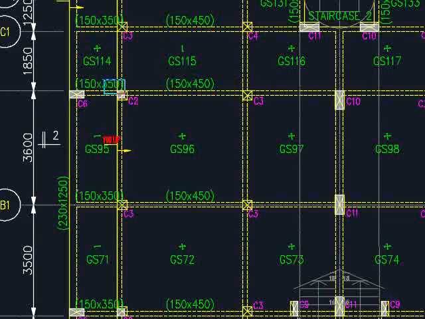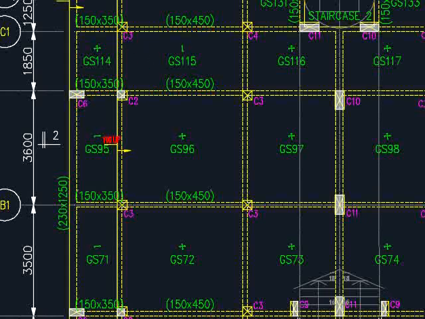Sometimes you also encounter columns where the column below the floor plan is bigger, and those which actually penetrate through the floor plan will be smaller. As indicated by the column here, the non-hatch region is bigger and the hatch region is smaller.